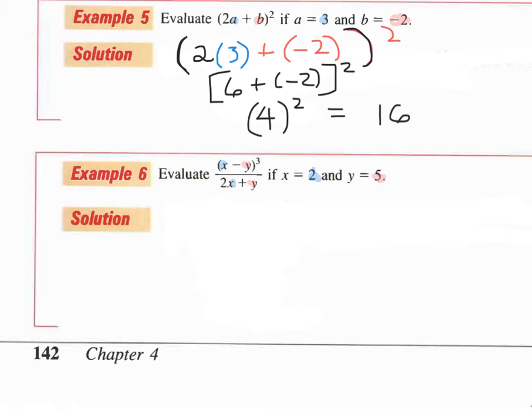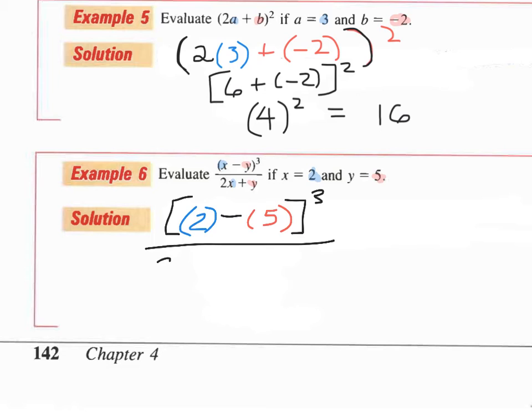So I get 2, and then I'm going to put in the Y, and then the whole thing, and you can either put it as parentheses or brackets, and then here, 2 is still here. I'm going to put in a 2, and then I'm going to put in the Y.